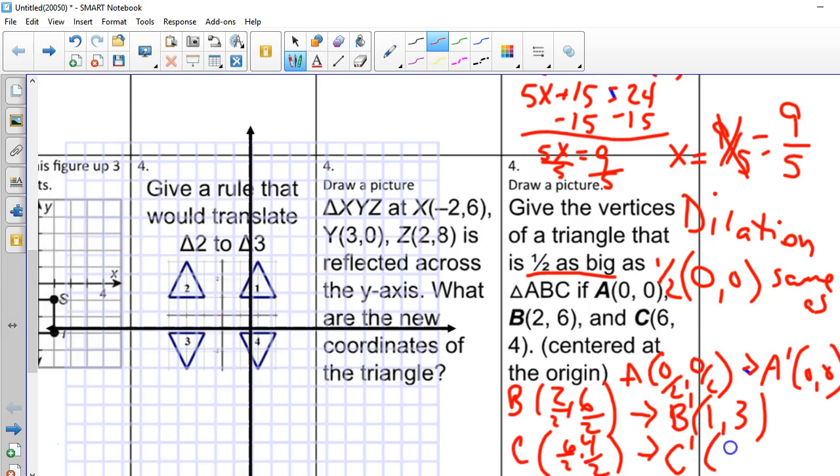C prime becomes 3, 2. So the vertices that we're looking for are these right here. Our new ones that we got by multiplying: A prime at 0, 0, B prime at 1, 3, and C prime at 3, 2.